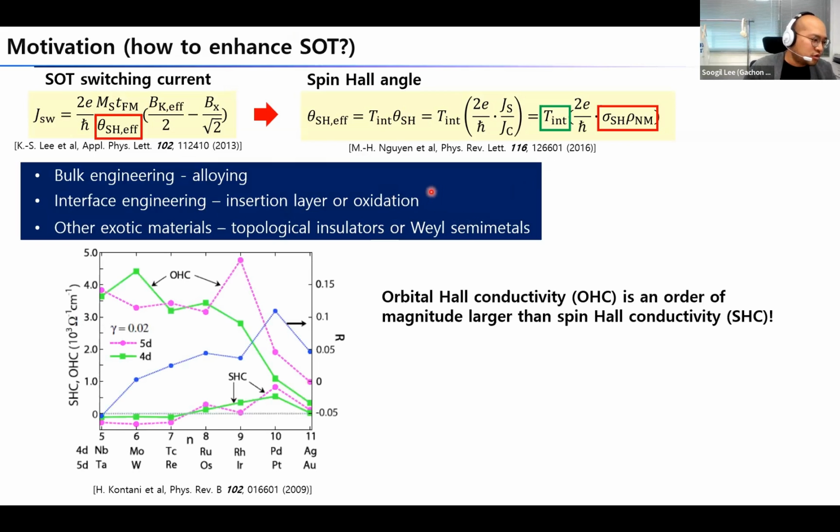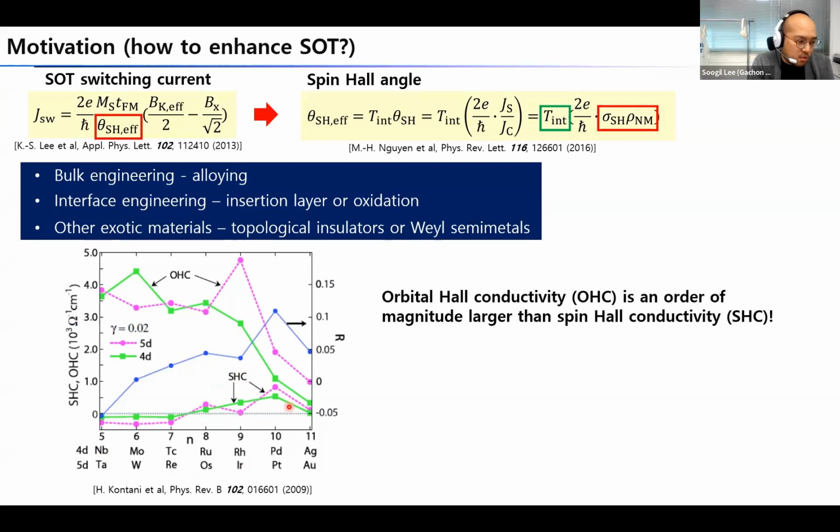However, today I would like to suggest a brand new approach for enhancing this effective spin Hall angle by the orbital current. According to these theoretical calculation results, the orbital Hall effect, or the orbital current, which is denoted by this orbital Hall conductivity, is an order of magnitude larger than the conventional spin Hall effect or the spin current, which is denoted by this spin Hall conductivity, in many transition metal systems, as you can see here.